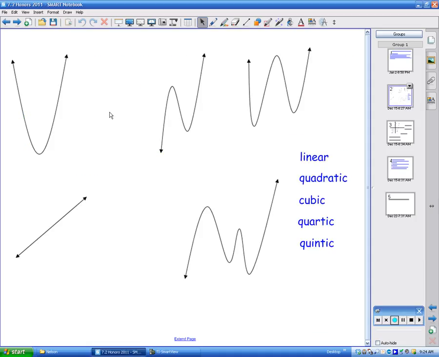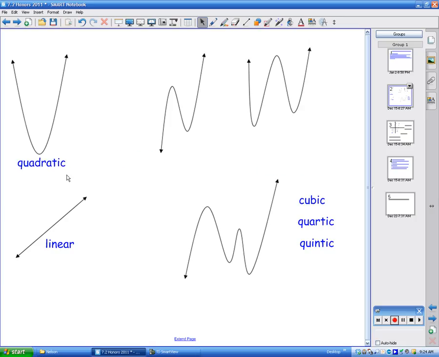Based on what the graph looks like, we should be able to tell what type of equation it is. So the linear equation, that's the one that looks like the line, and you've dealt with those for many years now. So that's linear. The quadratic is what Chapter 5 was all about, and that is the parabola.